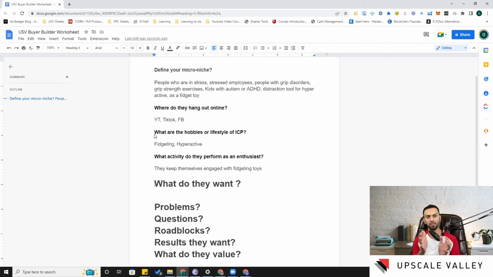There can be multiple pain points, like the 7 or 8 micro niches we mentioned, and we picked one, the fidget toy. In a similar way, you need to identify one or two major problems, not more than that. Then we revolve angles around that problem: the question, the roadblocks, the results, and the valuable part.